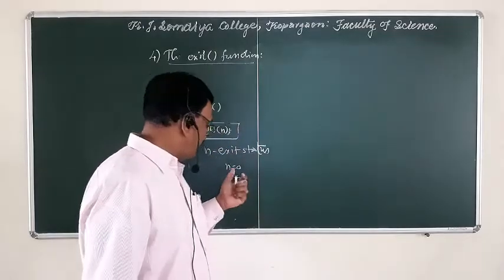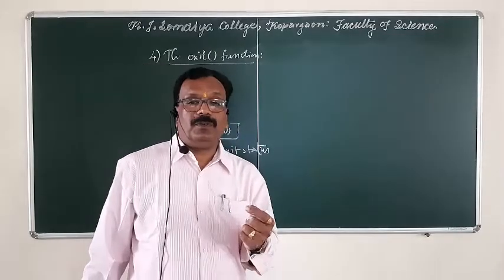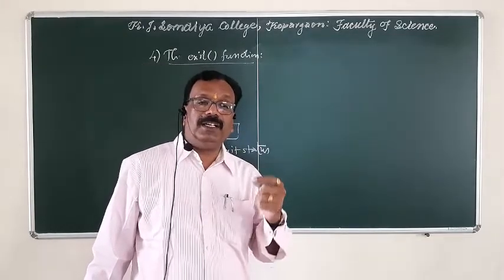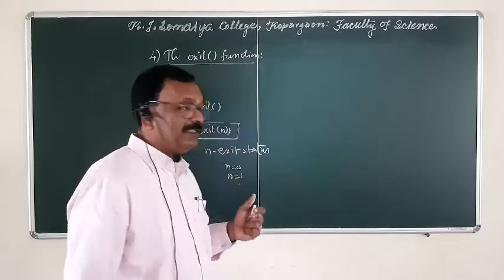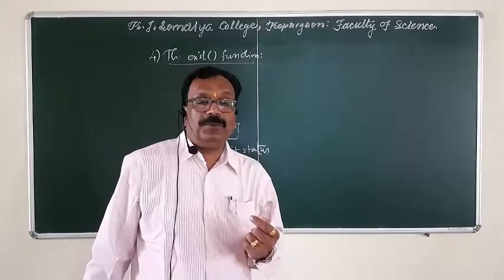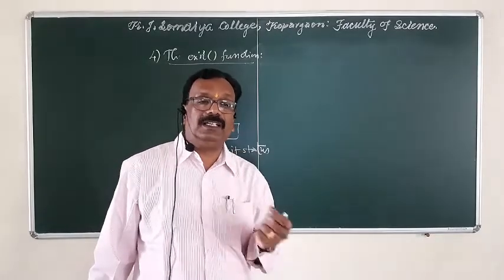What I say is, when n is equal to 0, the program terminates normally, and when the value of n is non-zero, the program terminates due to some detected error.